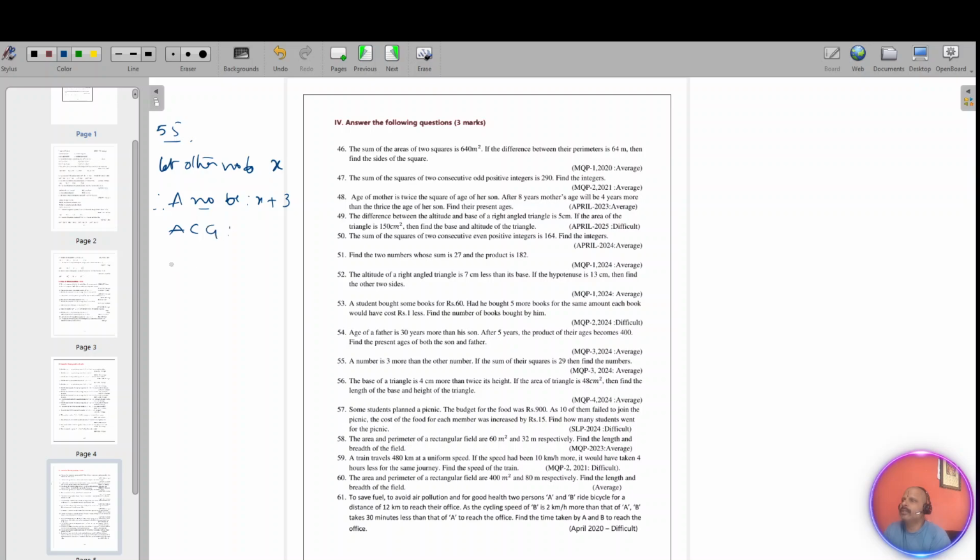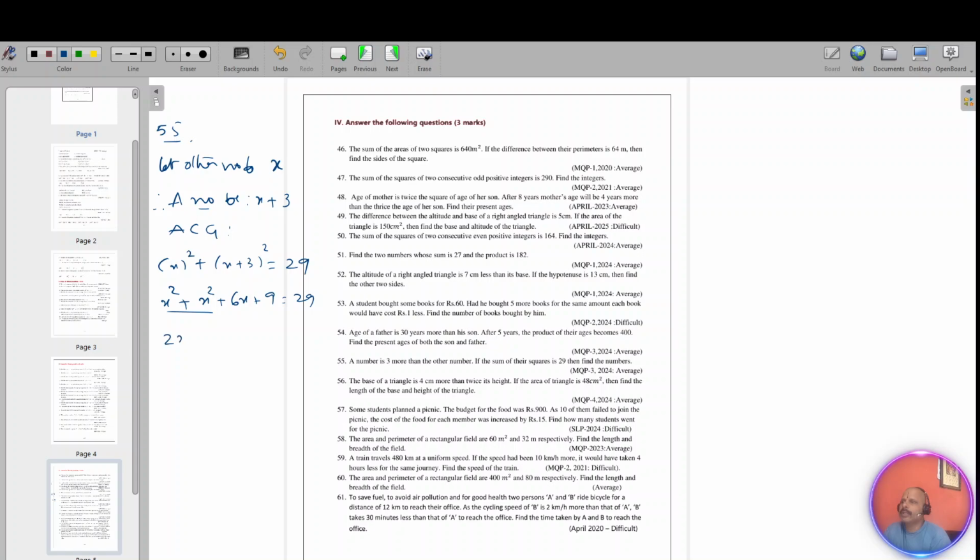According to the given, the sum of their squares means x square plus (x plus 3) whole square, that becomes 29. Open the bracket, simplify and get the value of x. (x plus 3) whole square is (a plus b) whole square, that is x square plus 2ab, which is 6x, plus b square, which is 9.